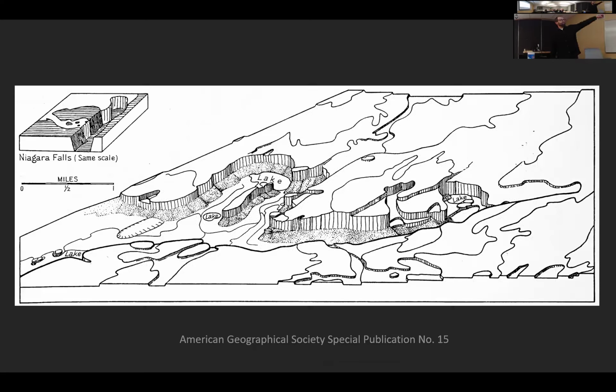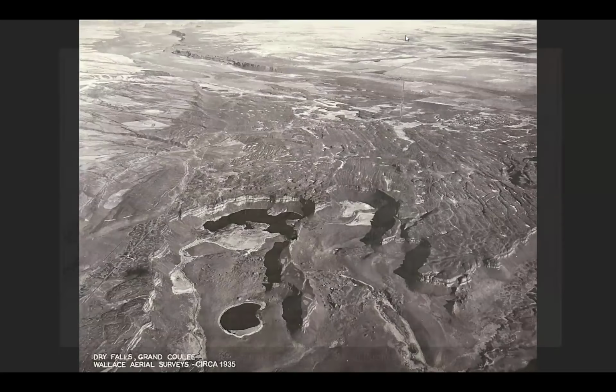Niagara Falls was a system that he understood, or thought he did, as to how it was forming. So he used Niagara Falls as an analog for Dry Falls. He said, okay, this is a river eroded system that forms by headward cataract retreat, where the erosion occurs in that alcove and the cataracts move upstream.